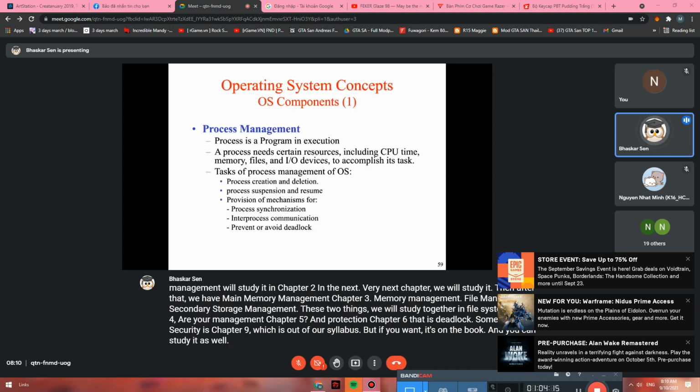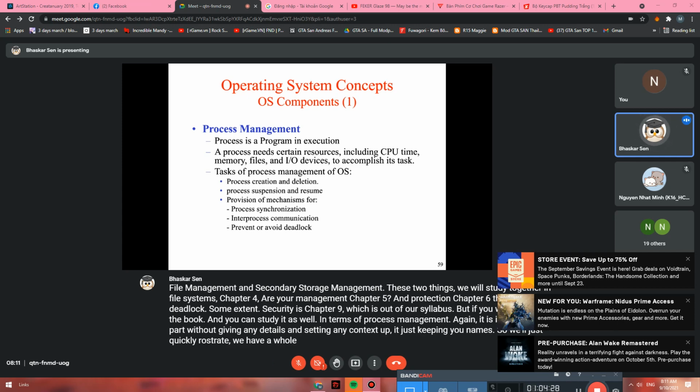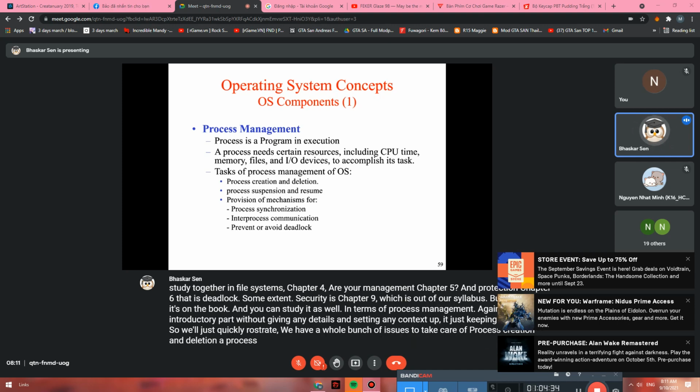In terms of process management, again, in this introductory part, without giving any details and setting any context up, they're just giving you the names. So we'll just quickly rush through it. We have a whole bunch of issues to take care of. Process creation and deletion, process suspension and resumption.